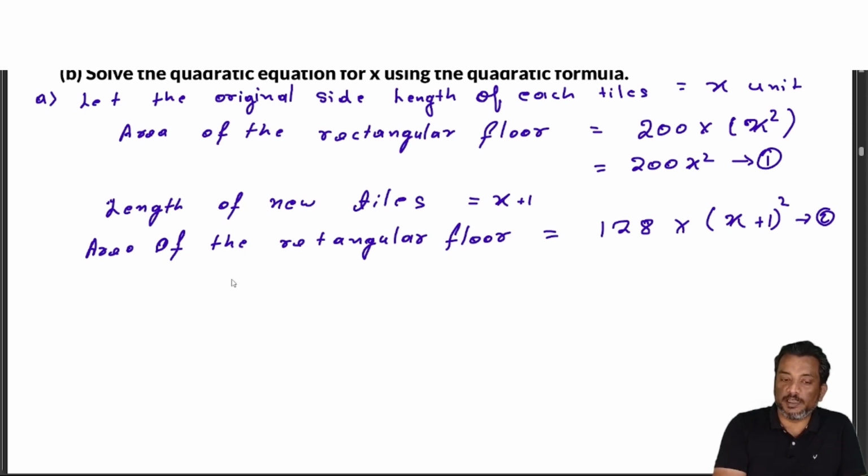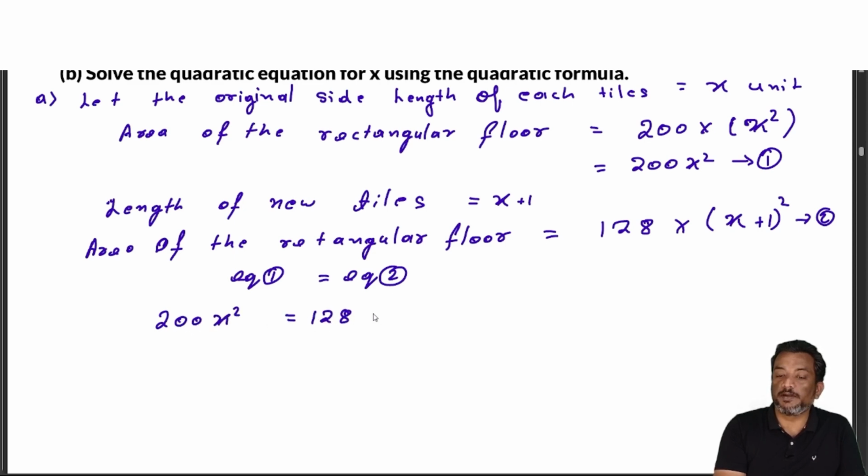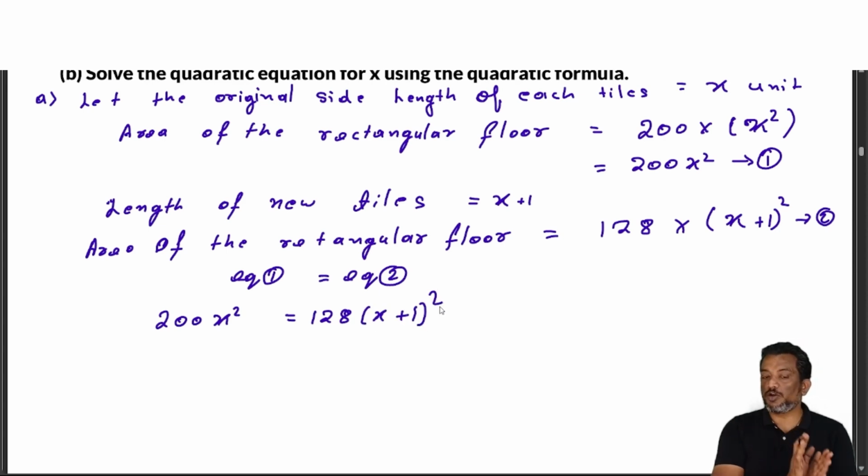So we can say equation 1 is equal to equation 2. Okay, so which means 200 x square is equal to 128 times x plus 1 whole square. So your first equation, it is got the quadratic equation.